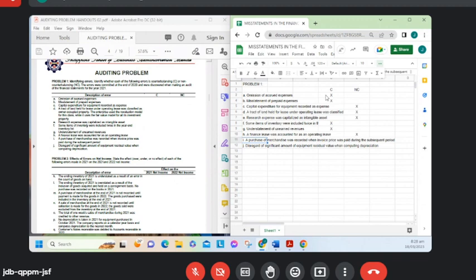An overstatement in purchases will affect the cost of sales, and at the same time the liabilities of the company. A purchase was not recorded in 2020 because it was only recorded when it was paid in the subsequent period.